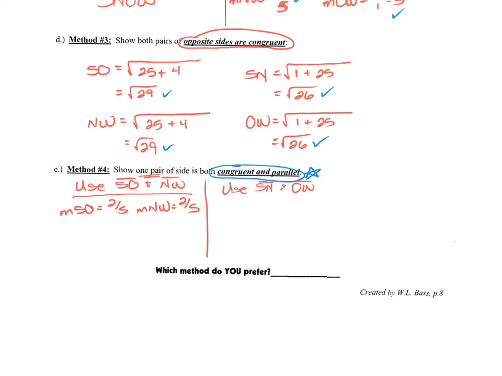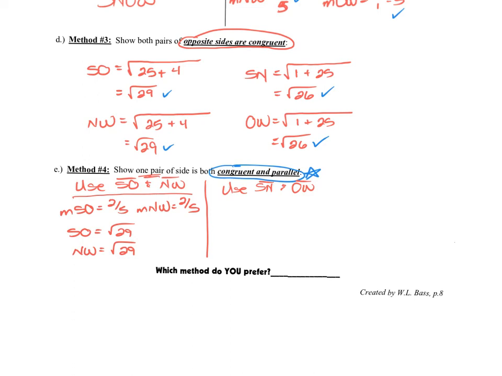But if you were using this method, you would have to do those computations right off the bat. And then you would also have to show the distance or the length of SO, and we've already calculated that, so I'm just going to write it down. And you would have to calculate the distance or the length of NW. So you would have 4 computations that you would be working with, but all 4 computations would be working with the same pair of sides.